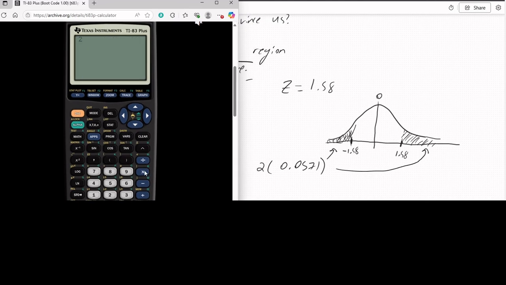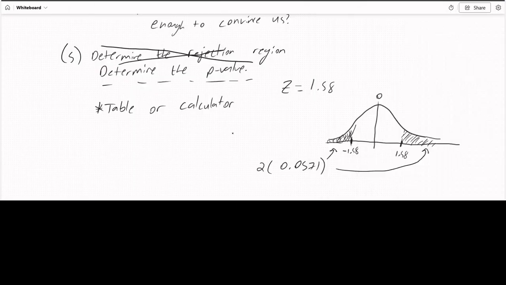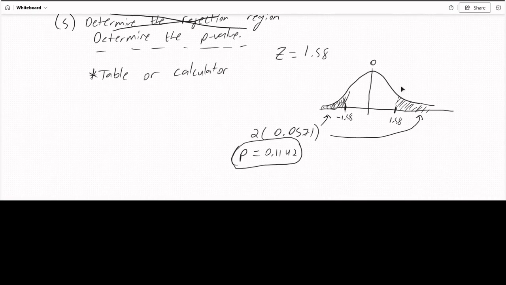Here. 2 times 0.0571 is equal to 0.1142. And that is our p-value. Okay, so there's an 11.42% chance that we just had a fluke of data recording and we saw that.